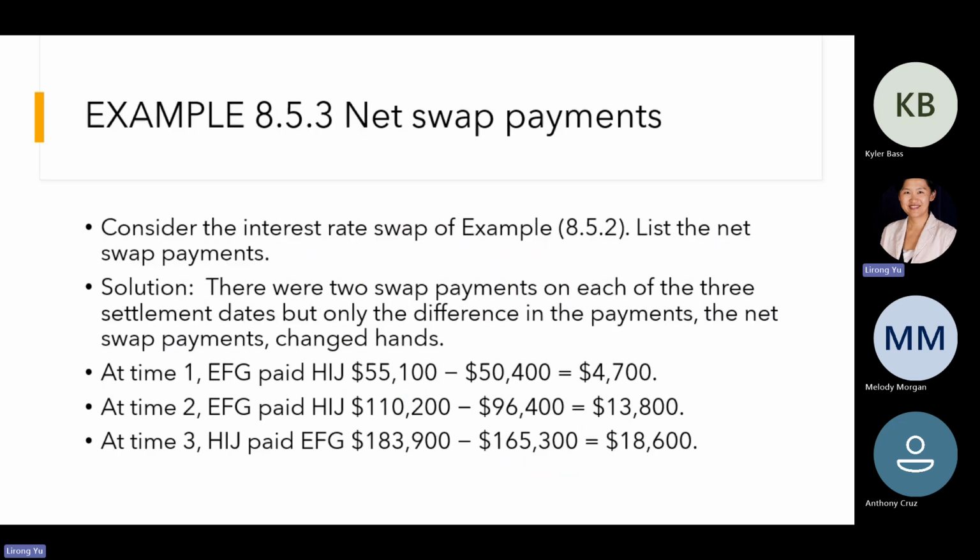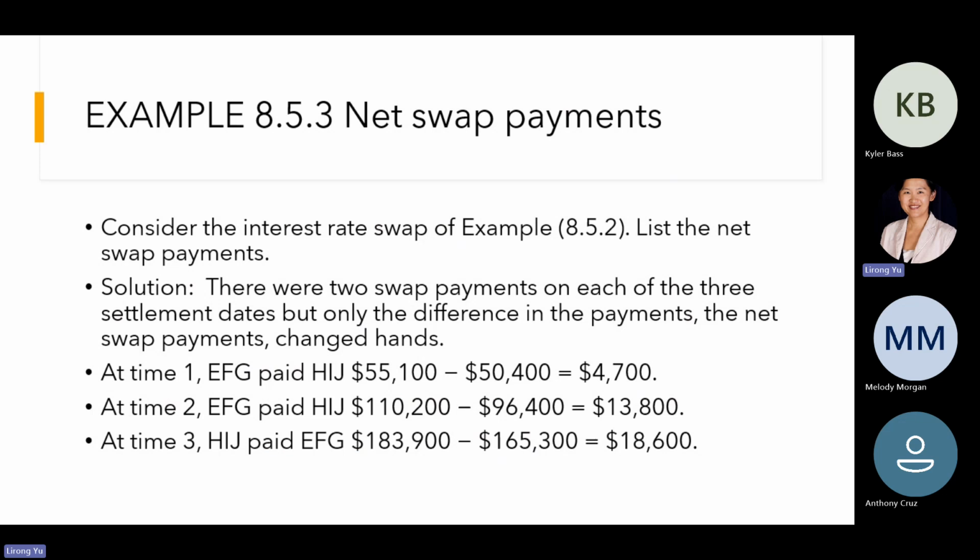Okay, now following that example, we can calculate the net swap payment. At time 1, EFG is paying HIG the net swap payment. At time 2, EFG is still paying HIG because the fixed rate seems to be higher. And then at time 3, the interest rate finally is a little bit higher, so HIG has to pay EFG. Any question?